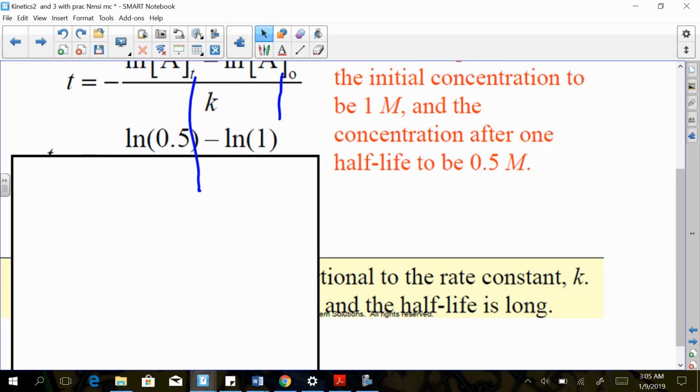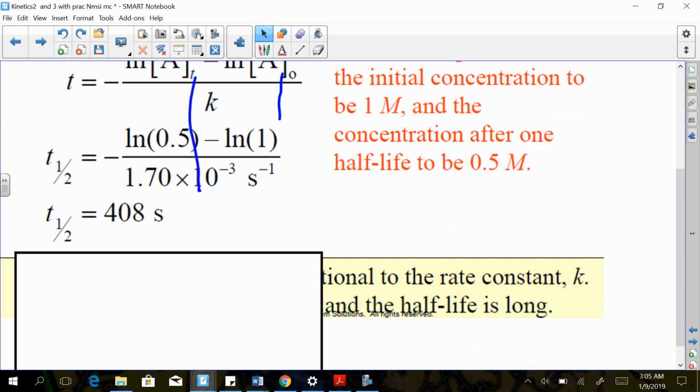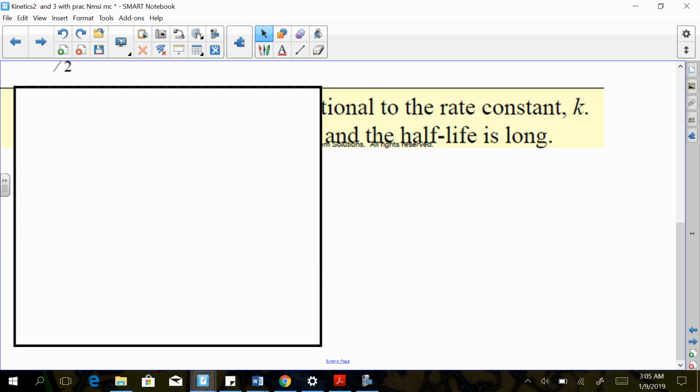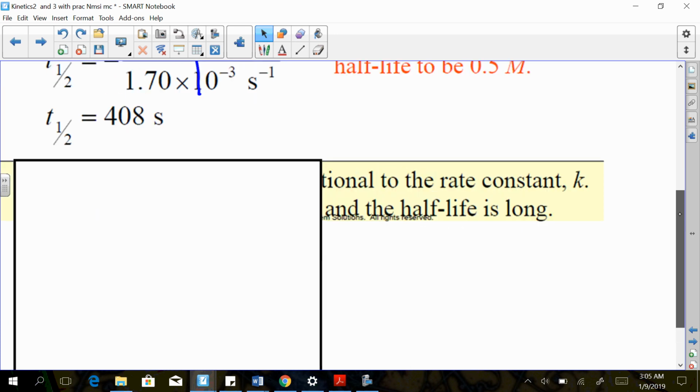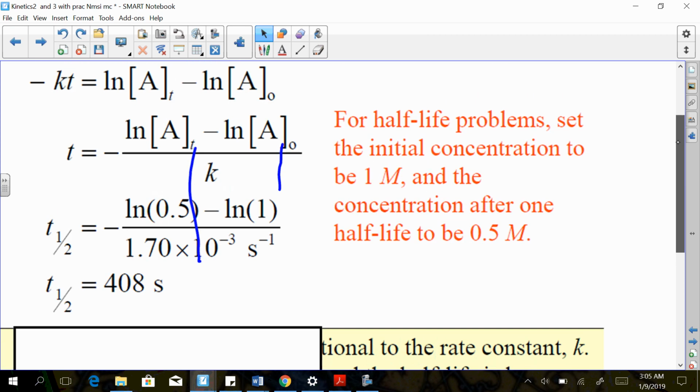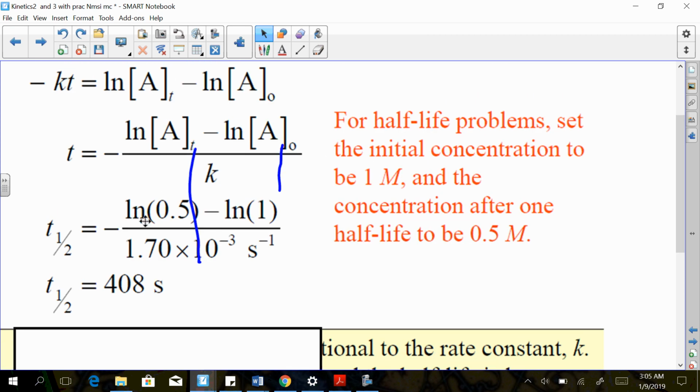And to find the half-life, you just have this. This is what we did earlier. You have half and you have 1, so this is going to work out to be 0.693 on the top, divided by the K that you found by finding the slope, and that will give you the half-life.